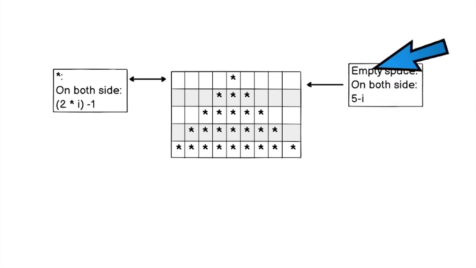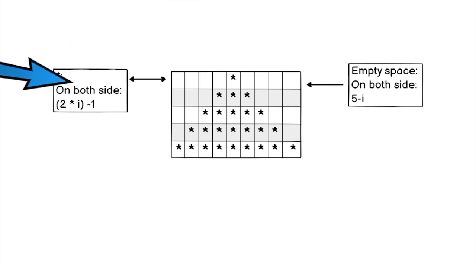So basically the empty spaces on each side is 5 minus I. What does it mean? Whatever is responsible for rendering empty spaces can go from I to 5 but not include 5. First we have to render the empty space on the left side, then run the asterisk for loop, and then again on the right side we have to do the empty spaces.